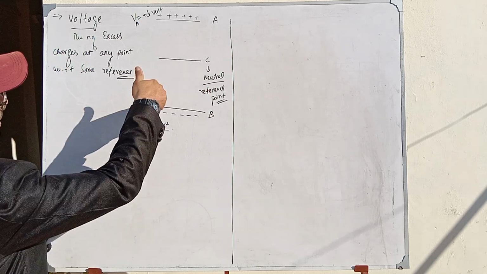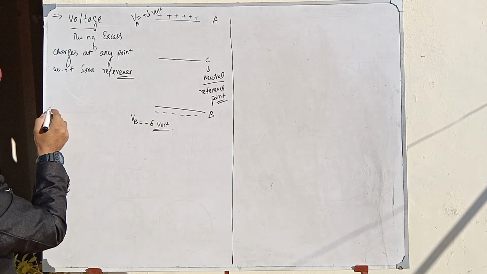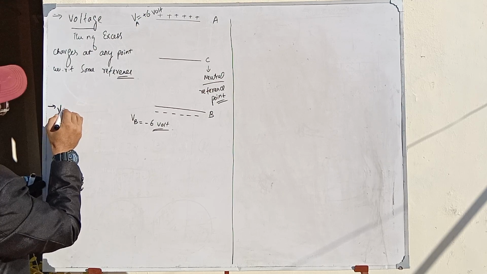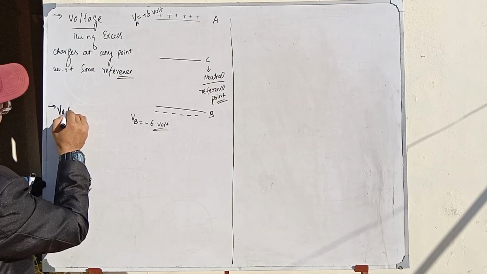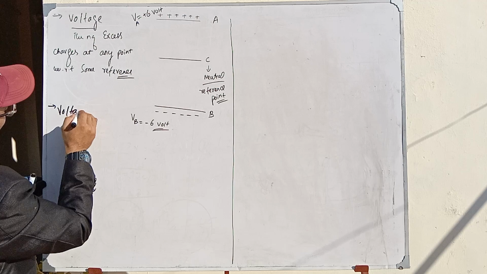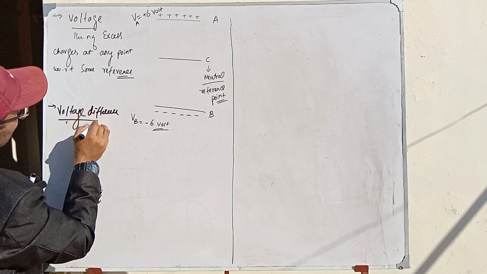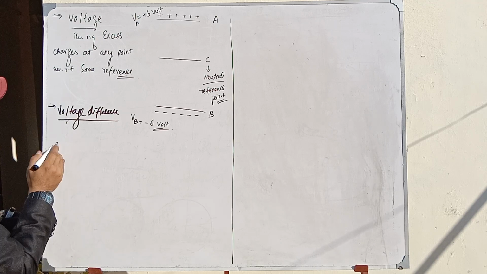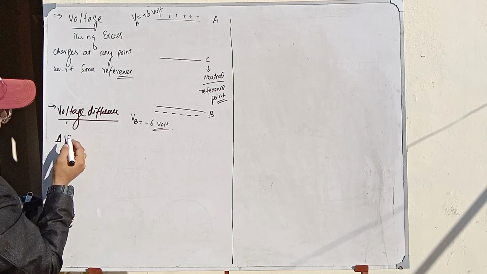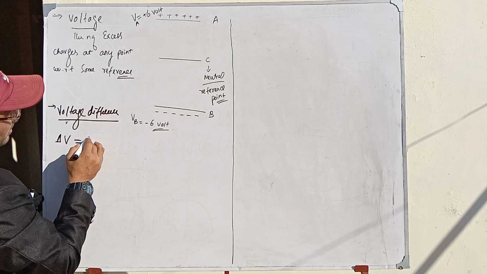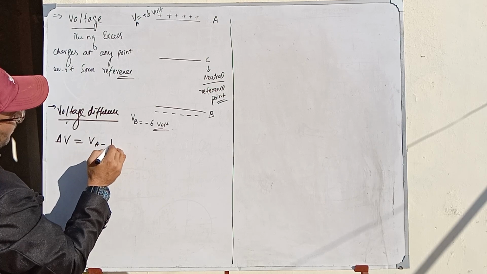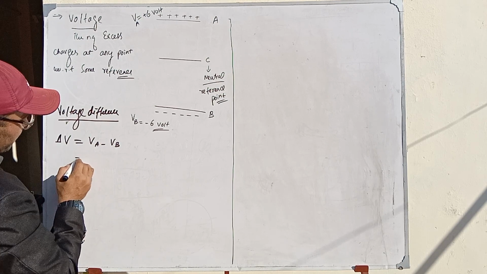So what is the potential difference? It means the voltage difference between these two plates. The voltage difference is represented by delta V, which is equal to VA minus VB.